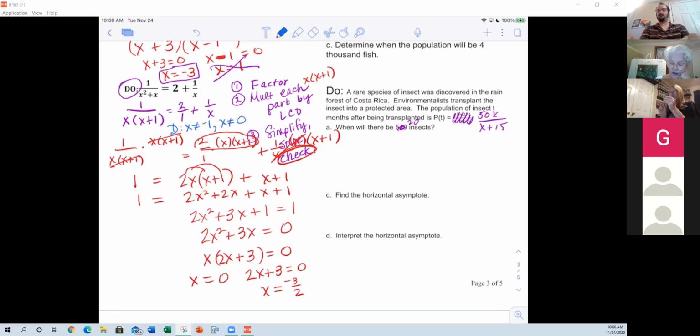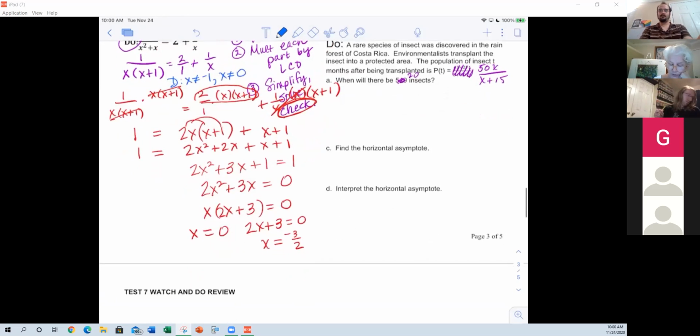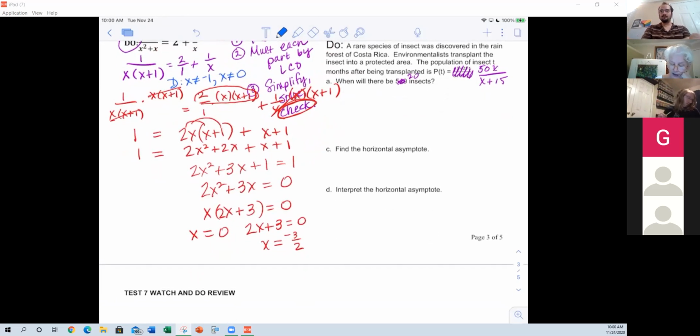So those are not allowed. So we're going to have to scratch out this guy, and we're left with that one. That happens a whole lot when you're solving quadratic equations that evolved from simplifying rational expressions. So you always want to make sure you check your work because that happens a lot.